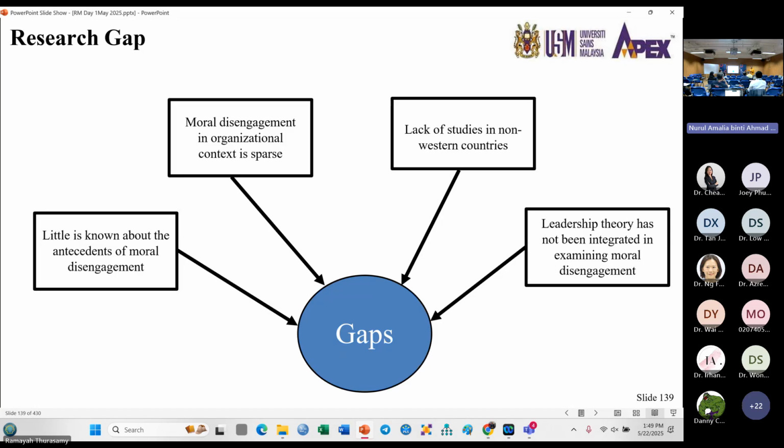We also have ethical problems, right? We have a term called deviant behavior. Deviant behavior is, at the office, you take office stationery home.